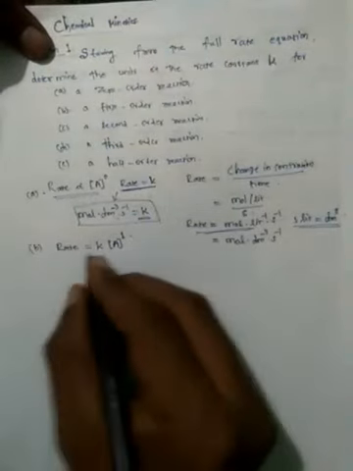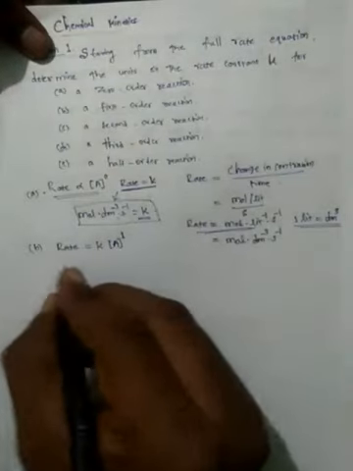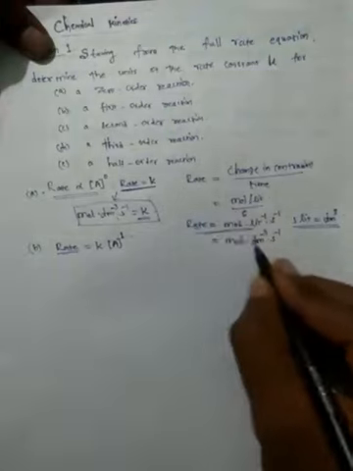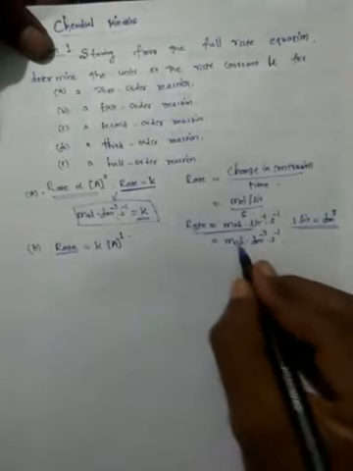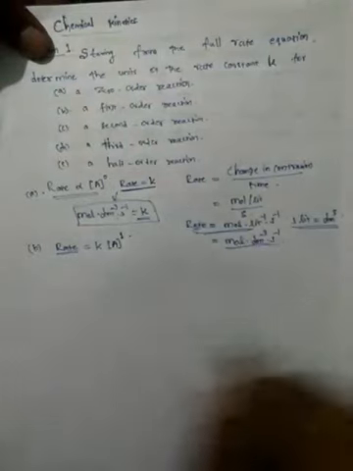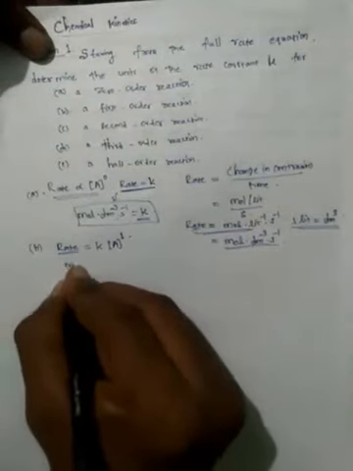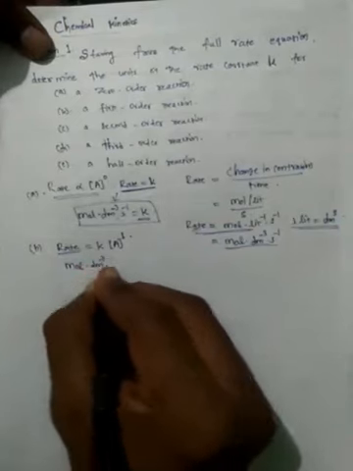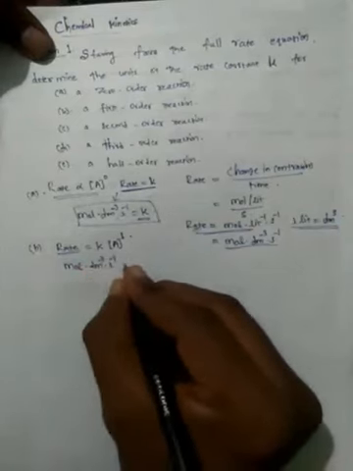This is the rate equation for first order reaction. Here I know rate is expressed in the unit of mole per decimeter cube per second. So I'll write mole per decimeter cube and per second.